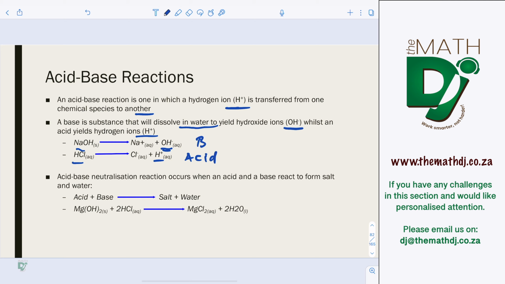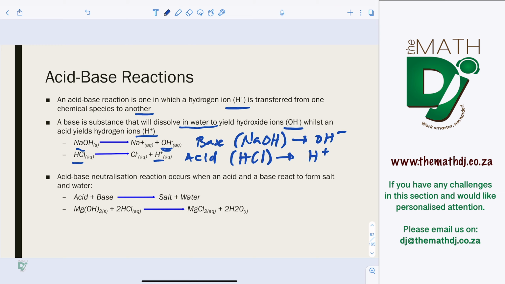So sodium hydroxide is a base because it produces OH minus in water, and the acid produces H plus.